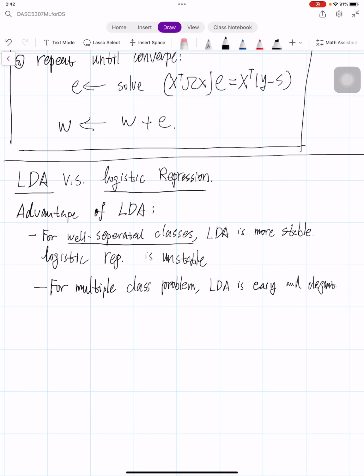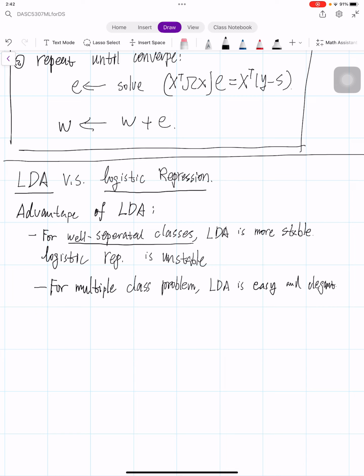You just fit a normal distribution for each class and then compare which one gives you the higher decision function value. So it's easier to generalize LDA to the multiple classes classification case.